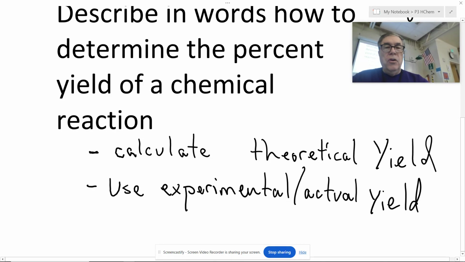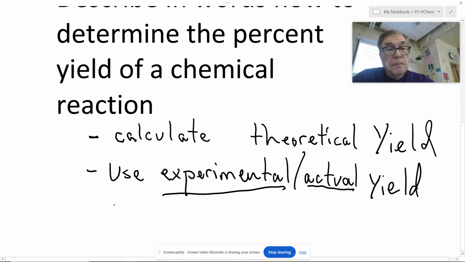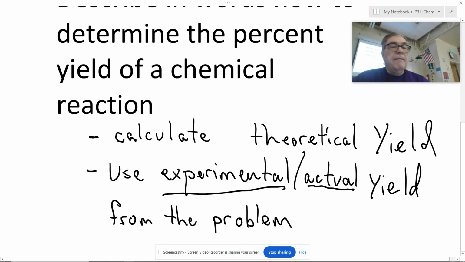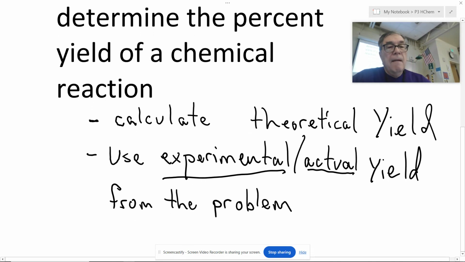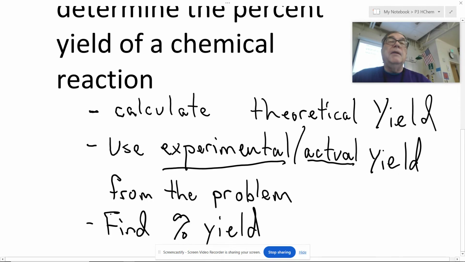The reason we have two terms here is experimental might be in some kind of laboratory setting. Actual yield might be a term you use if you're working at a manufacturing facility, but either one of these would work. You use the experimental or actual yield from the problem, and we're assuming that this is written out for you. And you substitute that into the formula to calculate the percent yield. It's really quite simple.